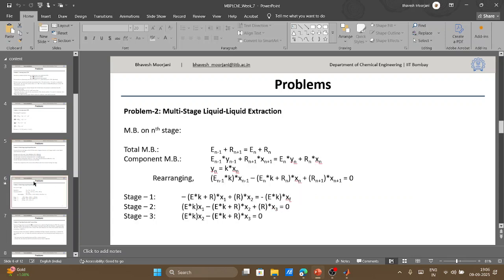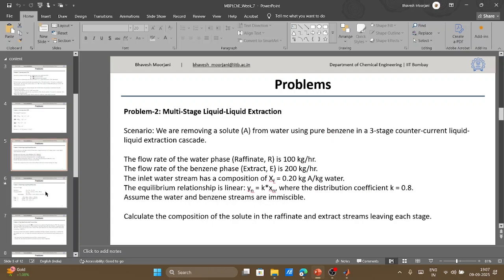Now in your equation, extract, so this is feed is coming through water, I'm calling it extract, which has an initially higher concentration, 200.